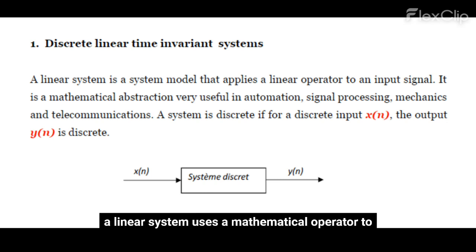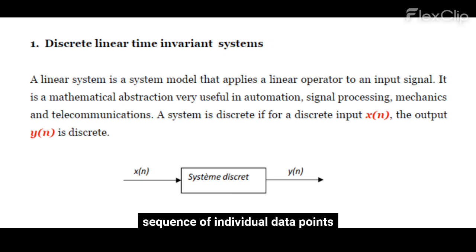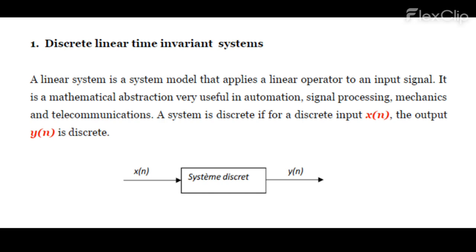In simple terms, a linear system uses a mathematical operator to transform an input signal into an output signal. We call a system discrete when it operates on a sequence of individual data points, denoted as x[n], to produce a discrete output y[n].